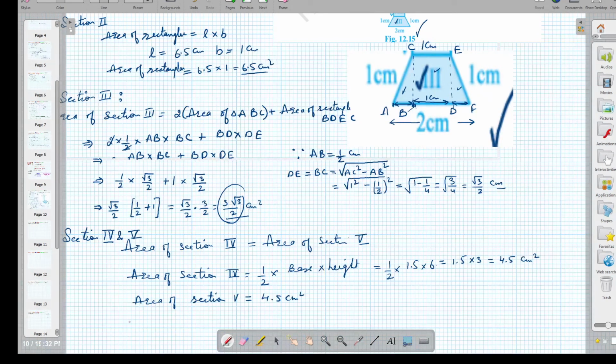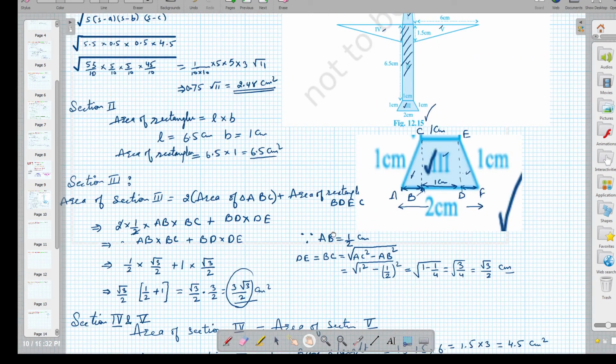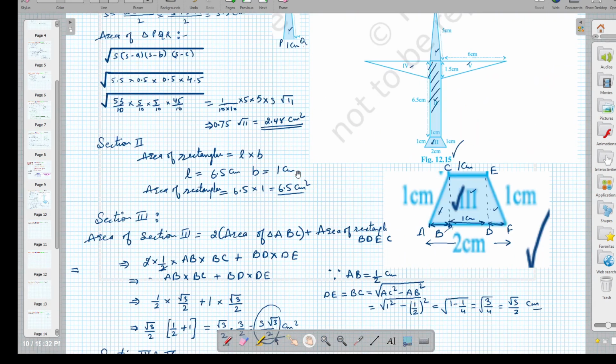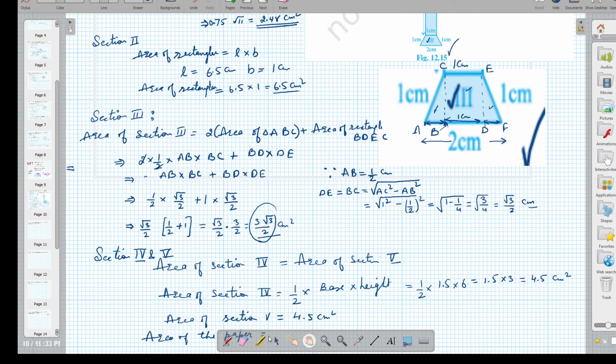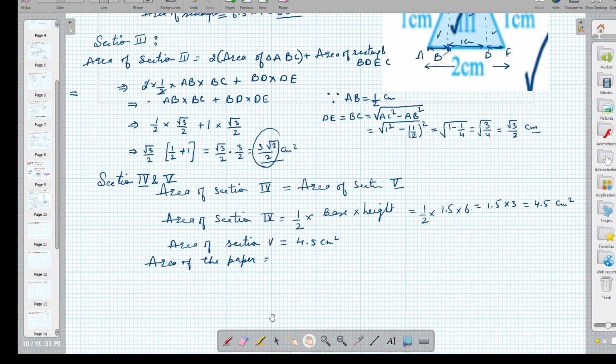This is part 2. Now the complete area of the paper is equal to, we can just add all the areas. So this is 2.45. We can write 2.45 plus 6.5 plus 4.5 and plus 4.5.